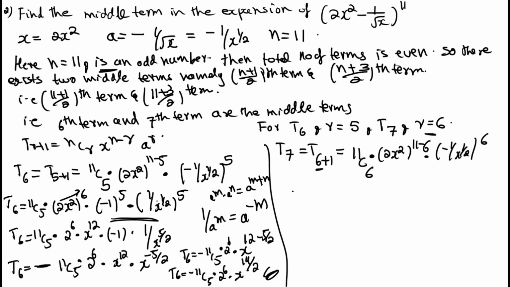So it's equal to 11C6 into, you can write it as 2^5 into x^10, right? 11 minus 6 is 5.